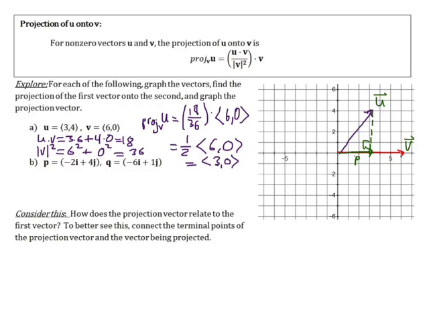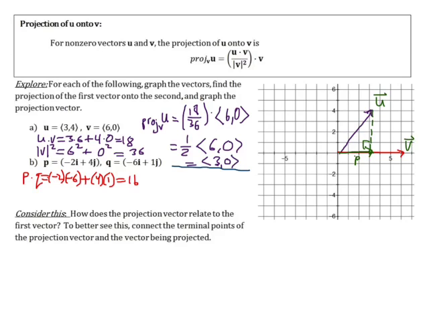All right, let's try another one. In this one, we're going to find P dot Q, and that gives us, when we multiply, -2 times -6 plus 4 times 1, which is going to give us 12 and 4, that's 16.